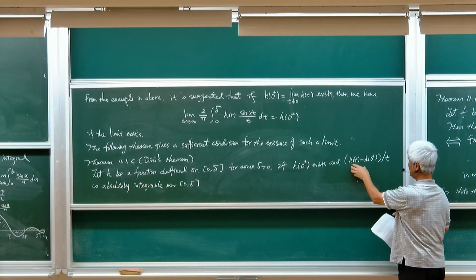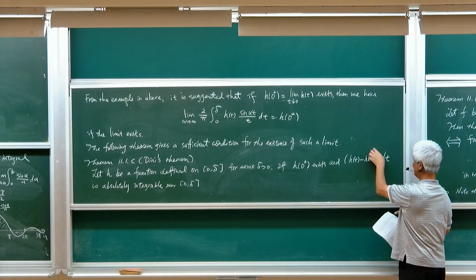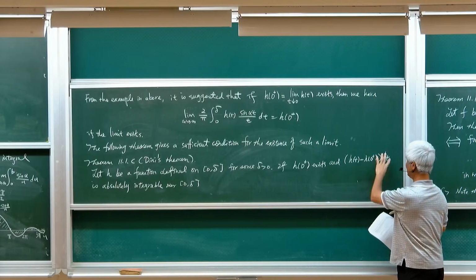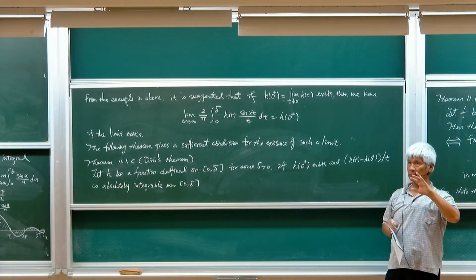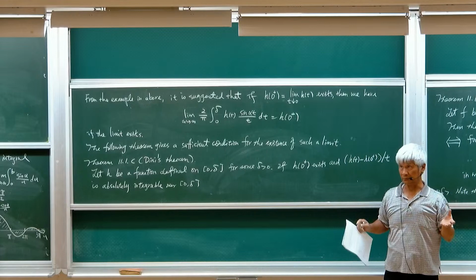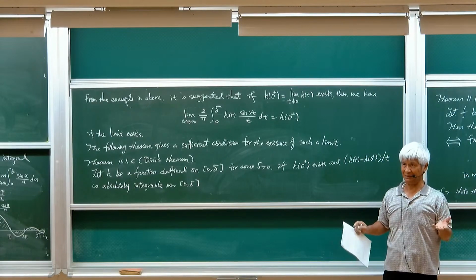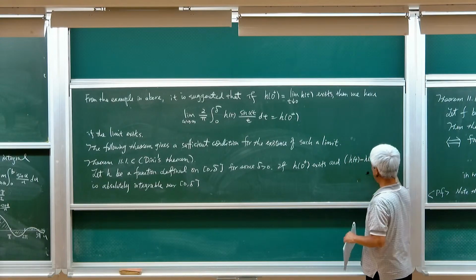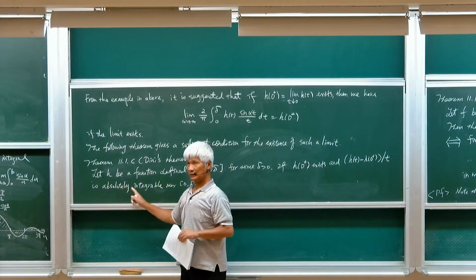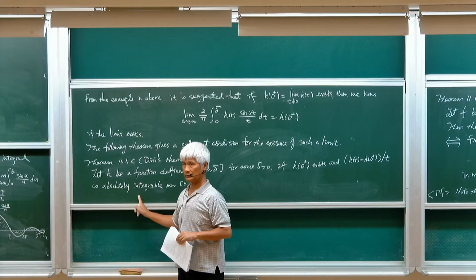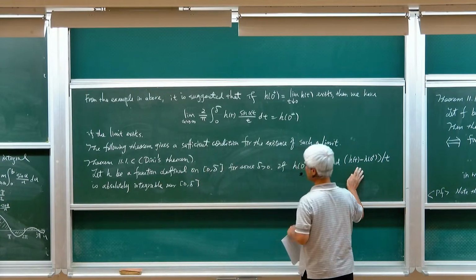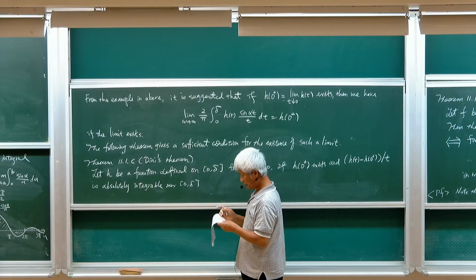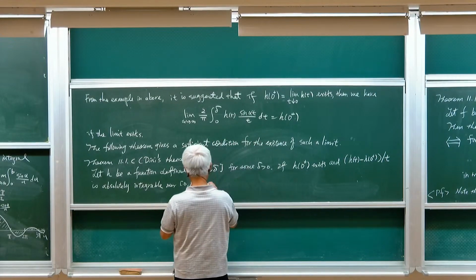So as t goes to 0, we have 0 divided by 0, right? And when we have 0 divided by 0, many things can happen, it can be anything. But we require that it is absolutely integrable. And this condition guarantees that this limit exists. So it's a sufficient condition, right?